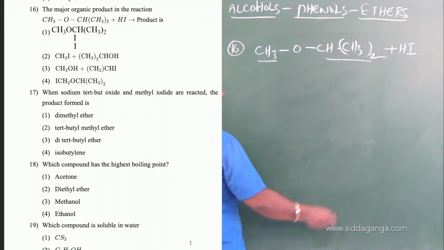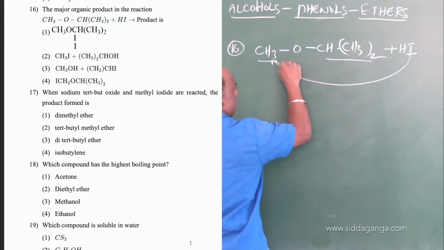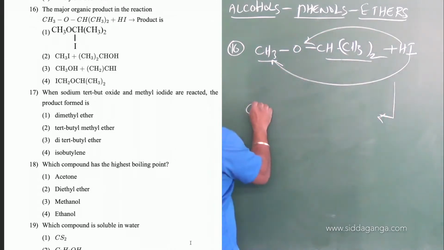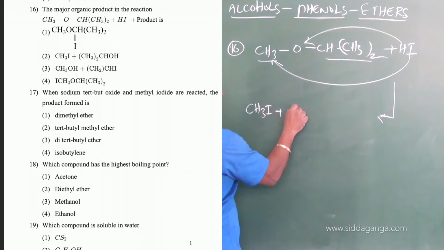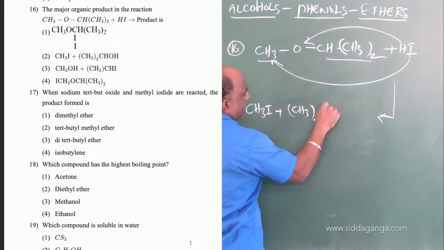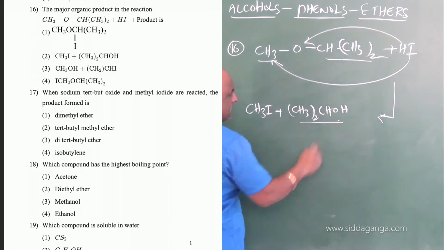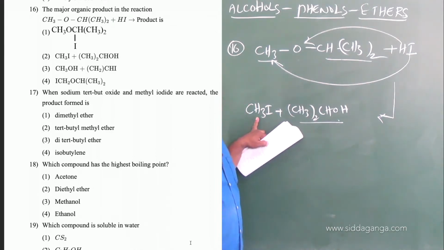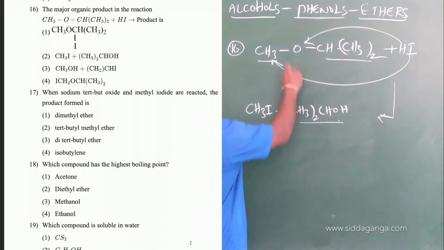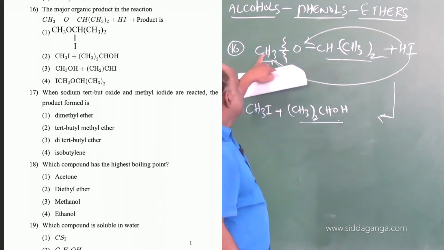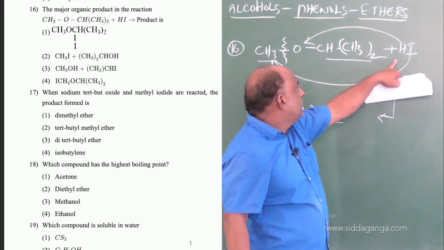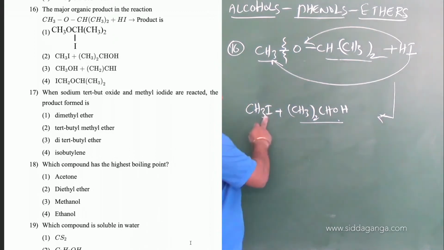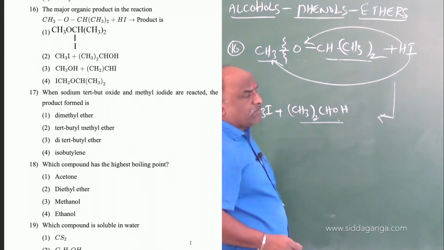I minus attacks in this direction and H attacks in this direction, giving CH3I plus CH3 taken twice CHOH. This compound is isopropyl alcohol and this is methyl iodide. Very important: cleavage takes place here. The simple alkyl group requires I minus and the bulky group requires H, forming isopropyl alcohol and methyl iodide. So this will be the product.